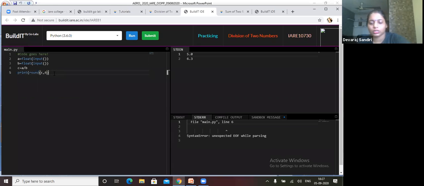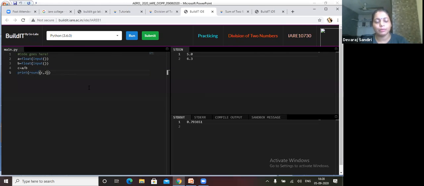Achha. 6. Okay, this is our function of rounding off. However many numbers you want, that many numbers you will get after the decimal. If I give a rounding of 2, is my screen visible?